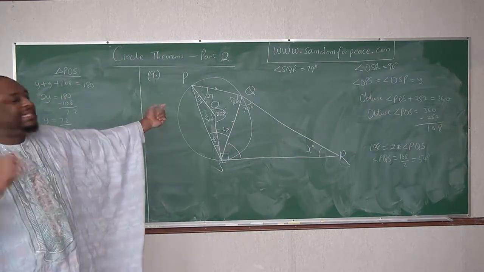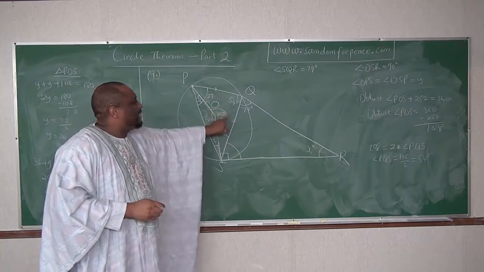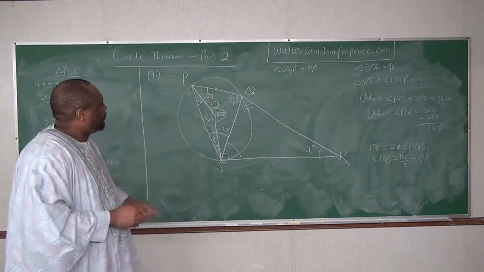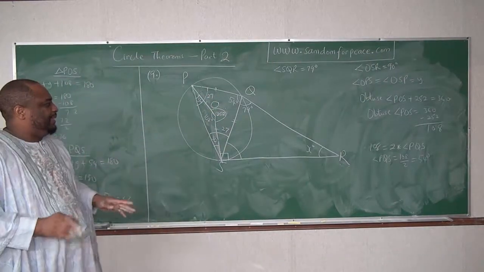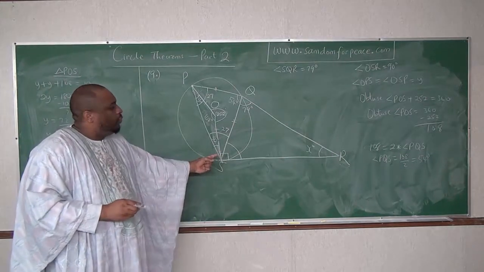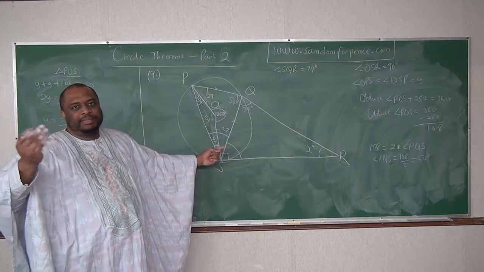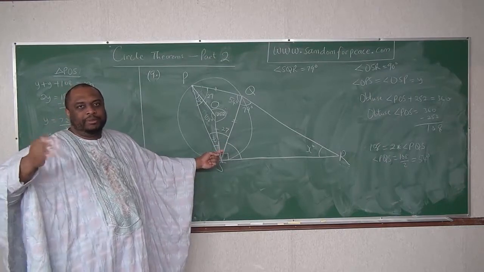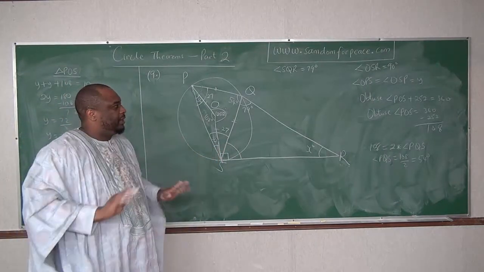Because this here is congruent, that's why they're congruent. Okay, that is what it means. All right, we can now do this in two ways. We're almost done with this.